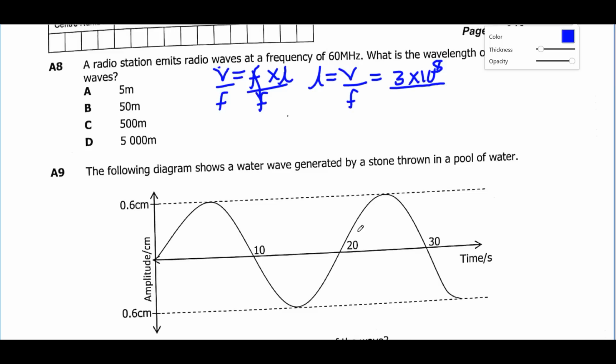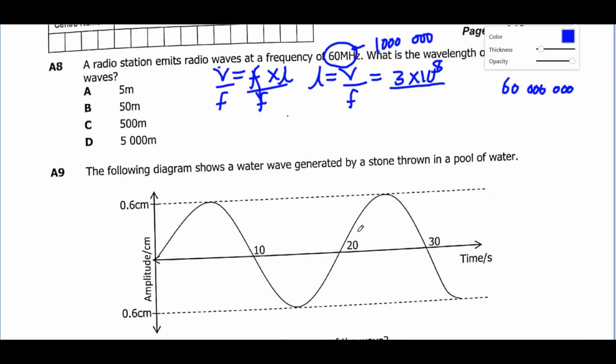So what we need to do is change this 60 megahertz into hertz. Mega simply means 1 million. So we are going to multiply 60 by 1 million, which becomes 60 million. So if you want, you can just say over 60 million, or you can convert this into scientific notation.